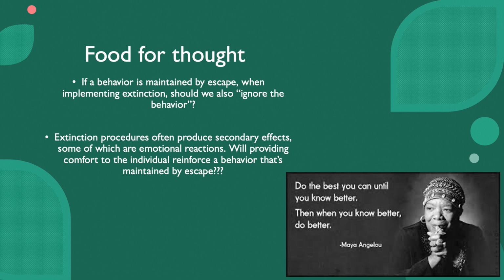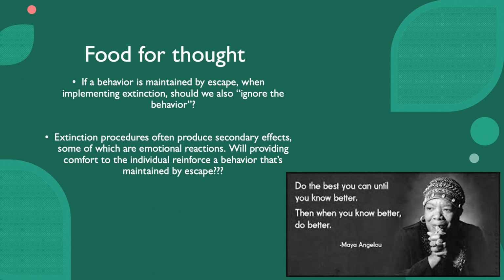If you've determined after a lot of thought that an extinction procedure is appropriate, then of course providing attention for emotional reactions for a behavior that is maintained by attention would not be appropriate. You can, like I said, combine this with other interventions where we have an alternative appropriate behavior that we're reinforcing instead. That would be perfectly acceptable.